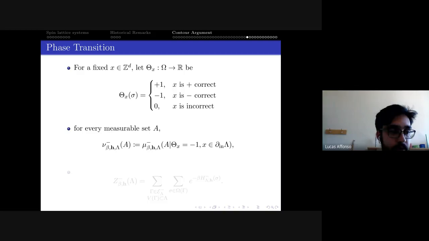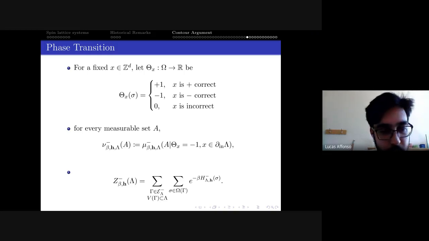So you have this not so good situation where you have an incorrect point outside the set lambda. So this would be problematic. So what you do is that you restrict your measure to this event, and all the contours that you get are inside lambda.